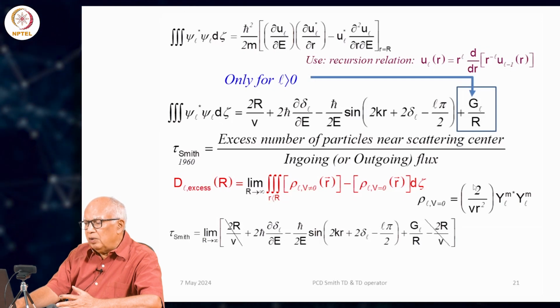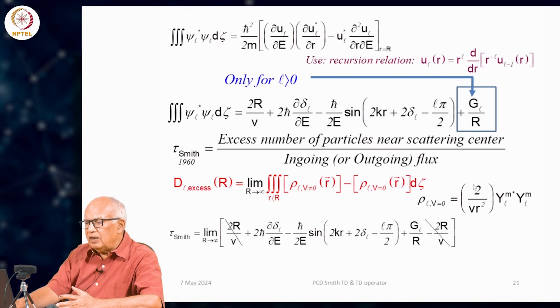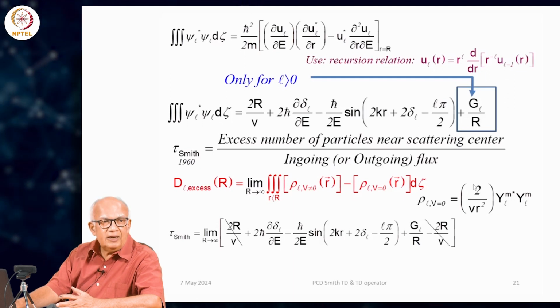The 2r over v cancels, there is one with plus sign and one with minus sign.